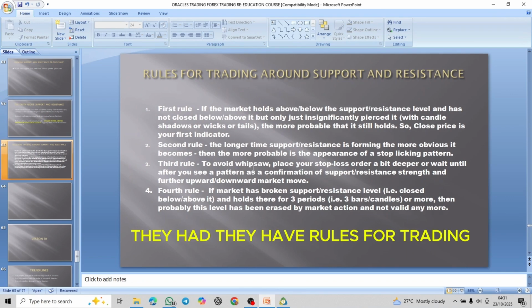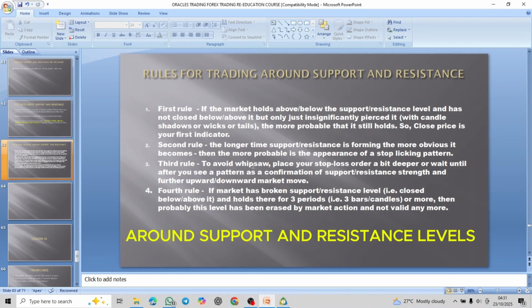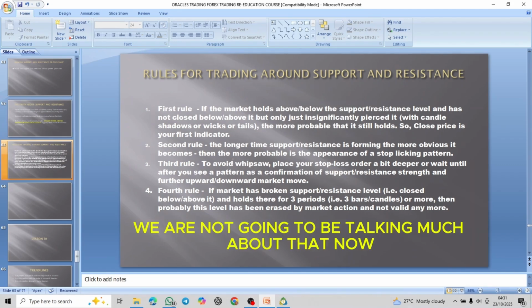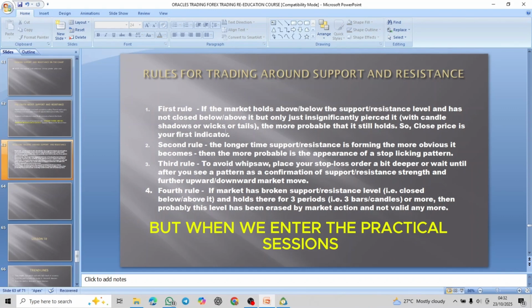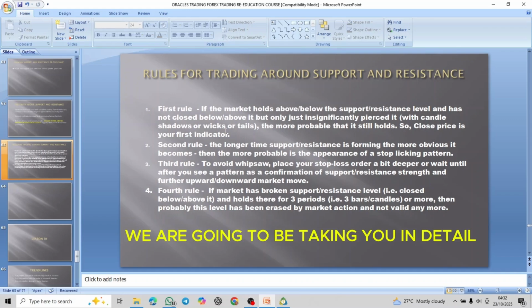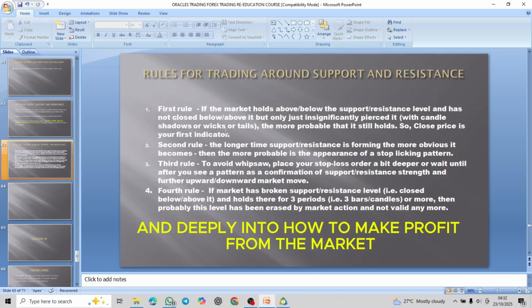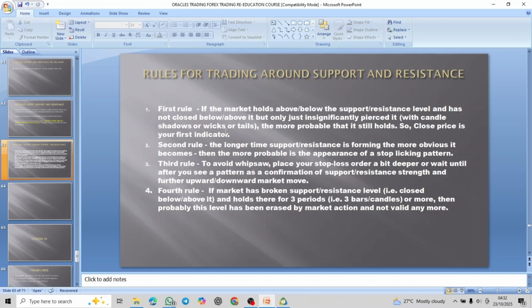They have rules for trading around support and resistance levels. We are not going to be talking much about that now, but when we enter the practical session of this training, we are going to be taking you in detail, step by step, and deeply into how to make profit from the market.